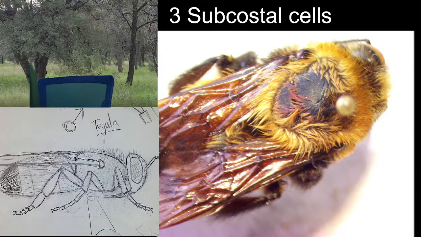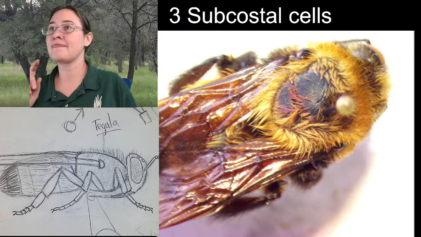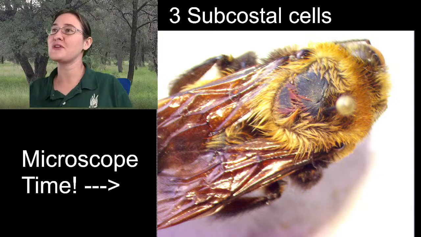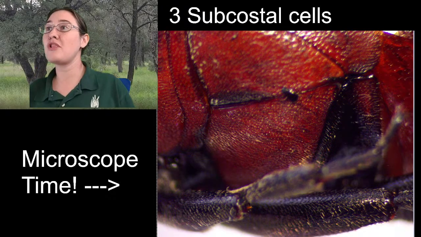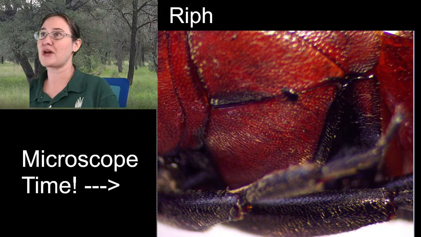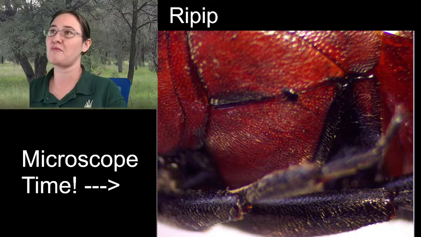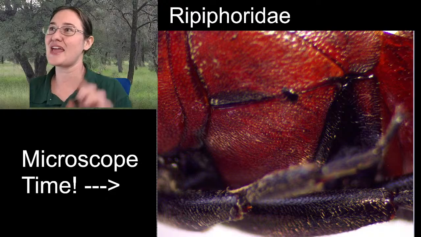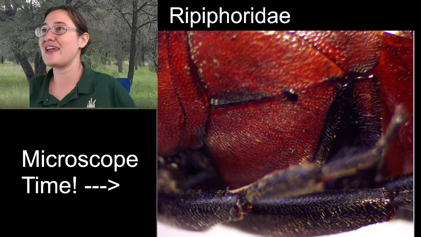So I have taken some really close microscopic pictures of this little guy here. To give you some background, the large beetle that is under this microscope right now is in the family Rhipiphoridae. It's a wedge-shaped beetle. All right, he's really cute.